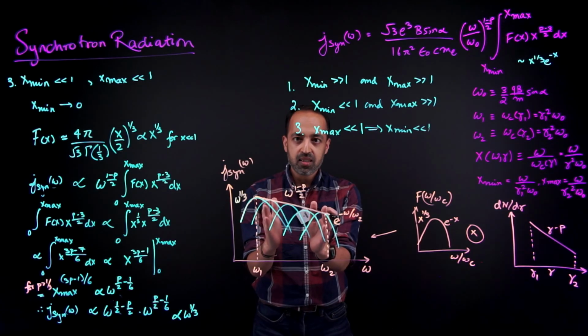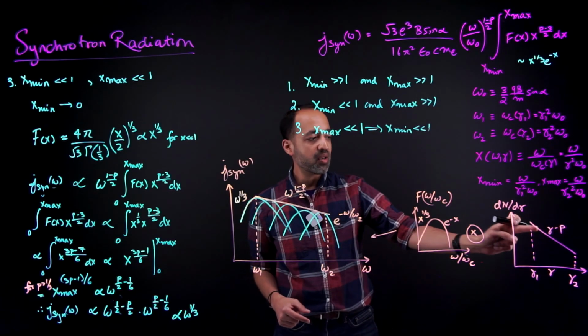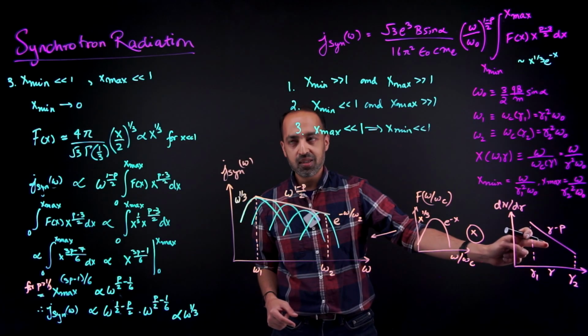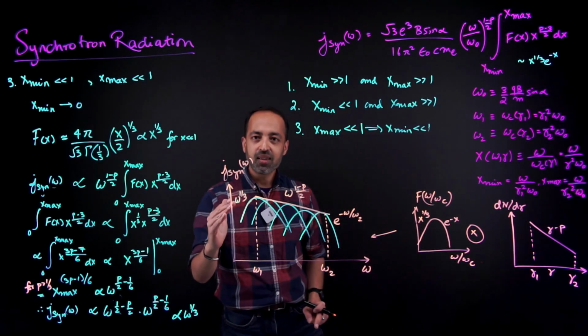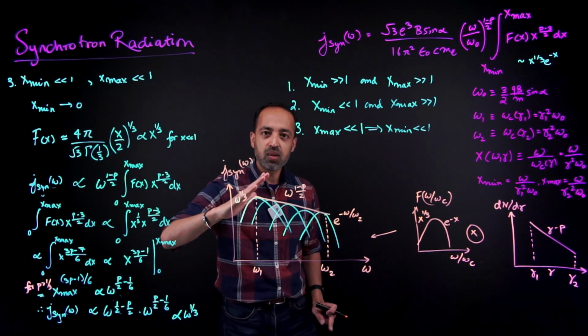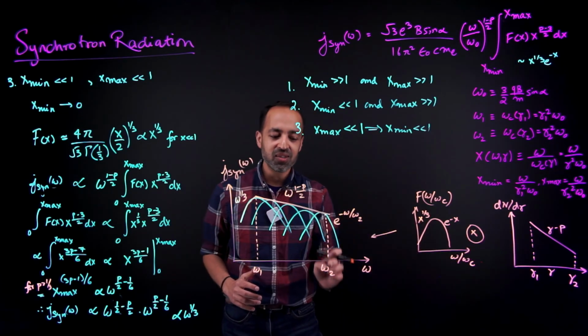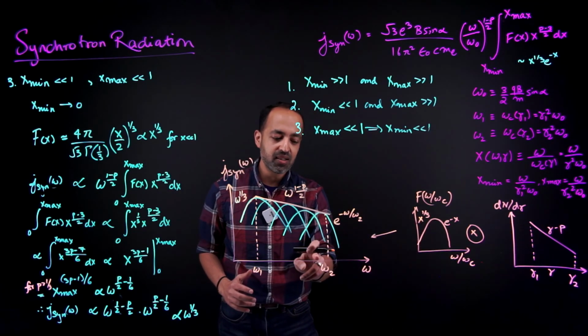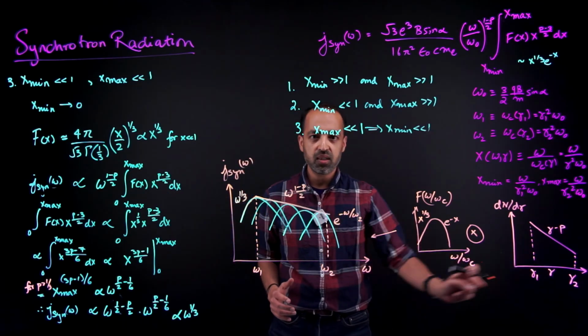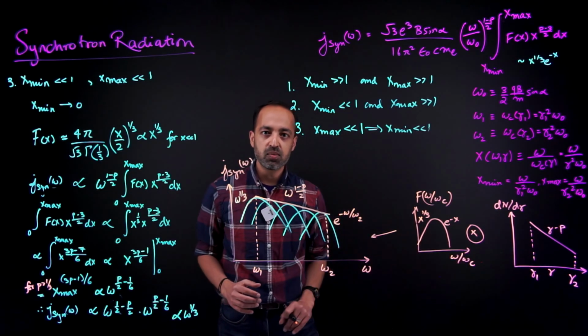And so yes, in between that it's a power law. The index of the power law depends upon the index of the distribution of the electrons. Below that lowest frequency, you get this omega to the 1/3 tail from the lowest energy electrons, and above the highest frequency corresponding to the highest energy electrons, you get an exponential cutoff.